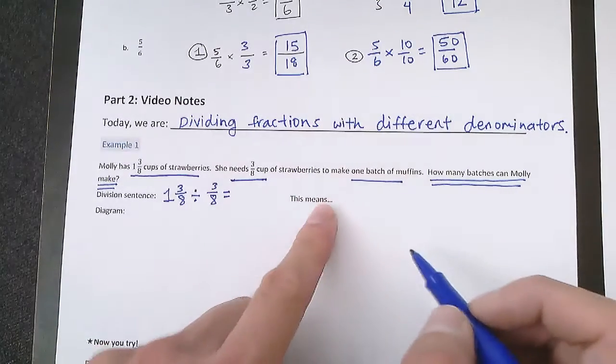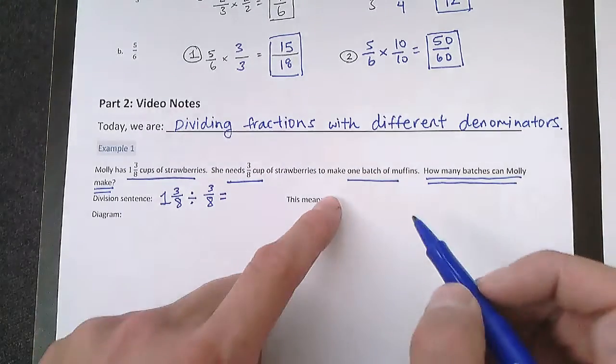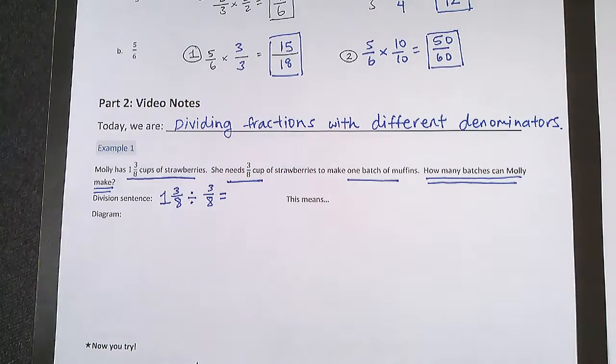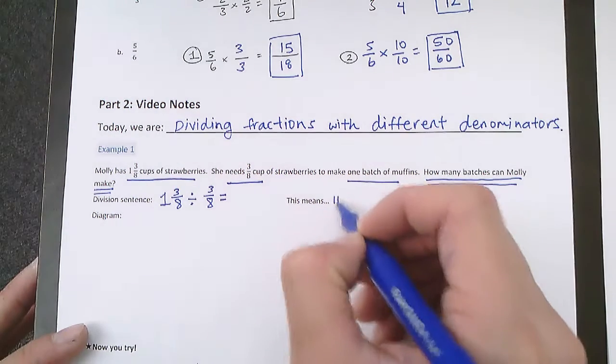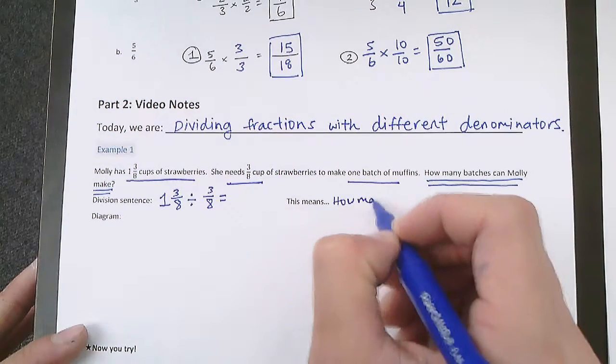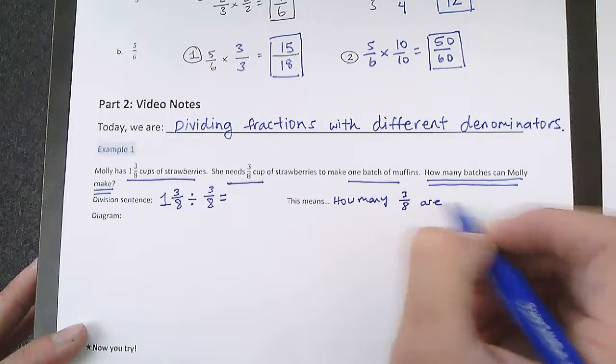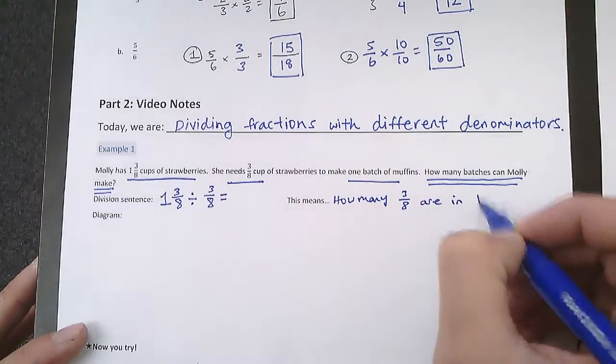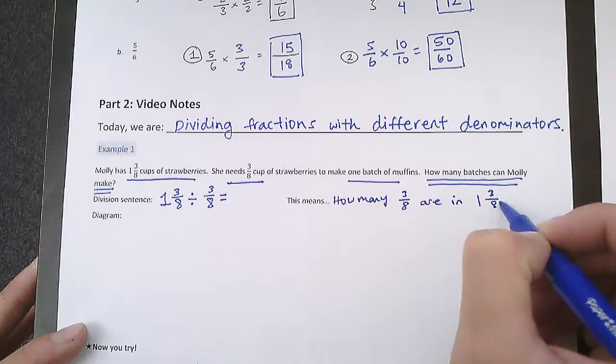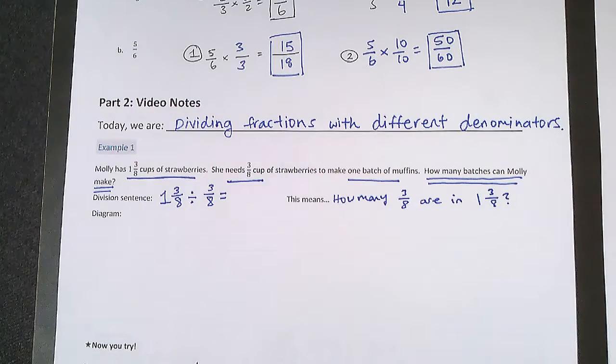The reason we're writing what this means is so that we're also thinking about what all these numbers and equations mean. How many 3/8 are in 1 3/8? That's what we're trying to find.